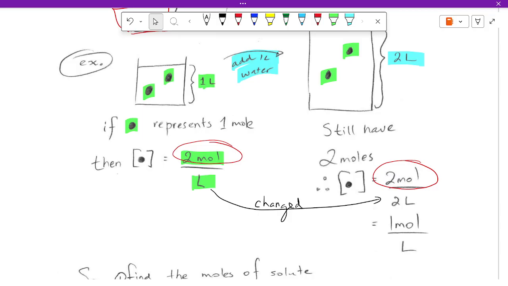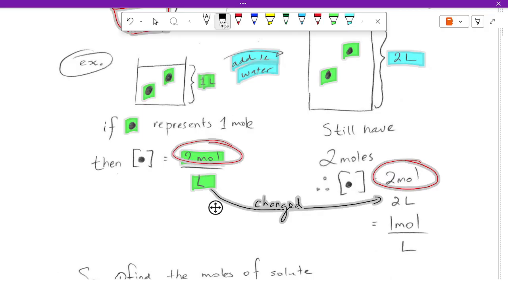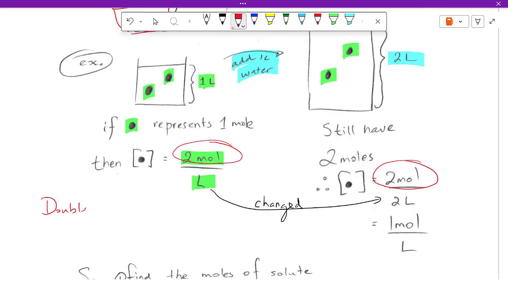Now, one thing you'll notice here is that when we doubled the volume, what happens to the concentration? It halves. What type of relationship is that? That is an inverse relationship.